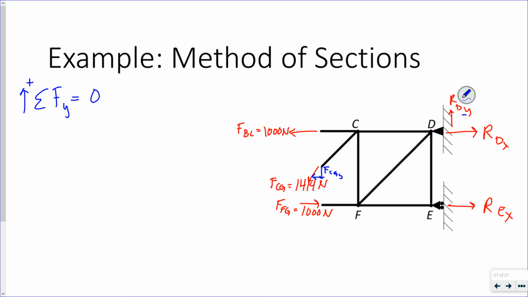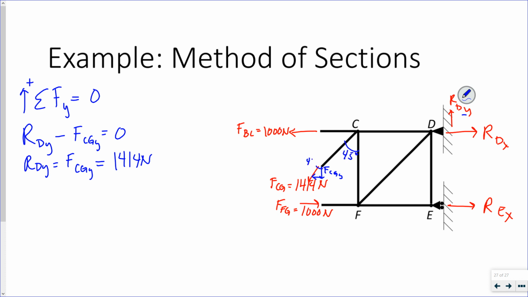So I have reaction at D in the y direction, and I have FCGy going down. So RDy is the vertical component of FCG, which is 1,414 newtons times the cosine of 45 degrees. So it should be 1,000, right?